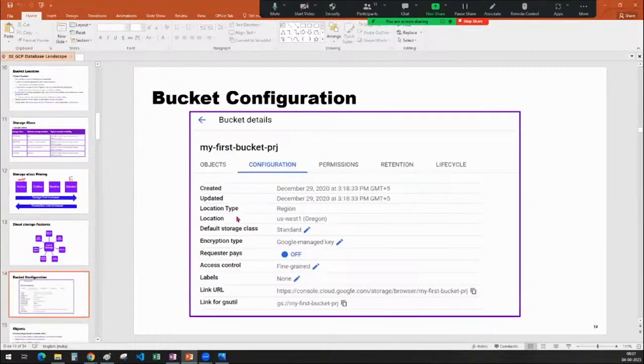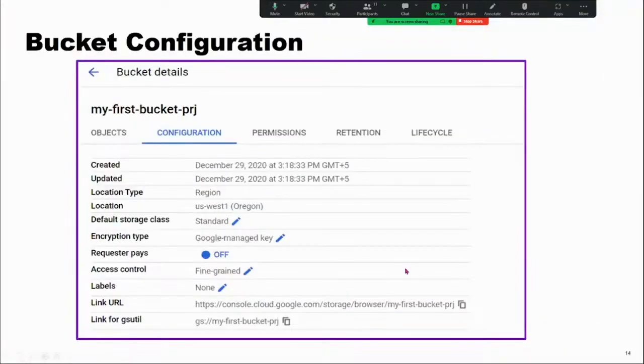So, the bucket configuration. When you look at the bucket configuration here, the location we have selected is US West 1 and it is not editable. Once you have selected a location for the bucket, you cannot edit it later.